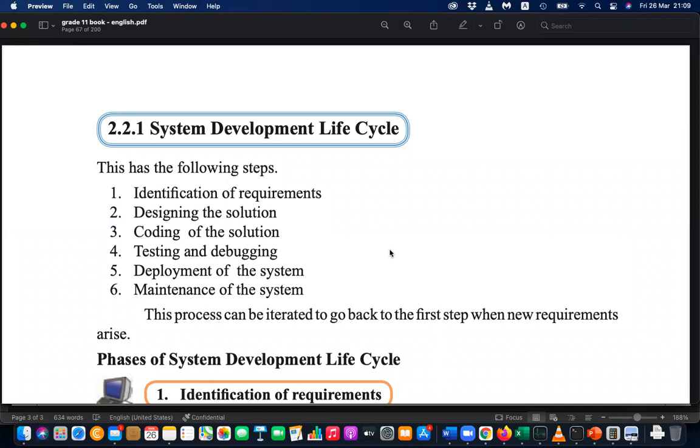It is a small, theoretical lesson, but we should know what SDLC is, what the steps in SDLC are, and why they are important. I'll share a background story or example related to this, then you can understand the need of the system carefully.